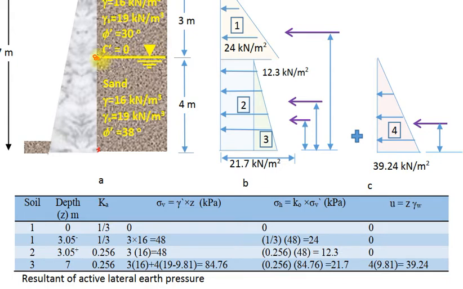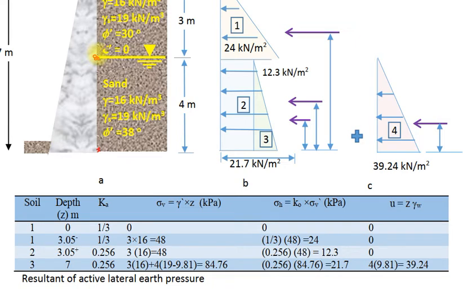For the second point, since this point might belong to the first layer and might belong to the second layer, we will have two different values of lateral earth pressure. So we will take a point above it by, for example, 5 centimeters and another 5 centimeters below.